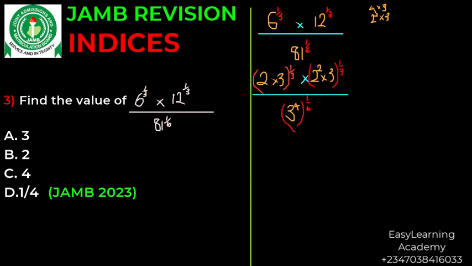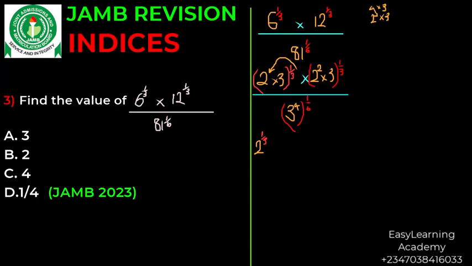So we proceed. The next thing we're going to do is solve the bracket. Let's open up the brackets. The first bracket that we had here was 2 times 3 raised to the power 1 over 3. Now, something's going to happen. The 1 over 3 here will come down to this bracket to affect this 2, so the power now will be 1 all over 3.